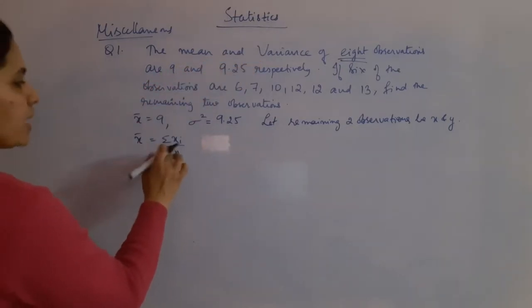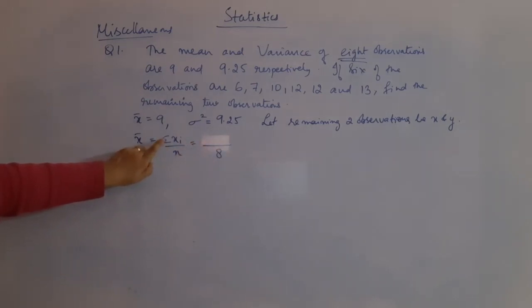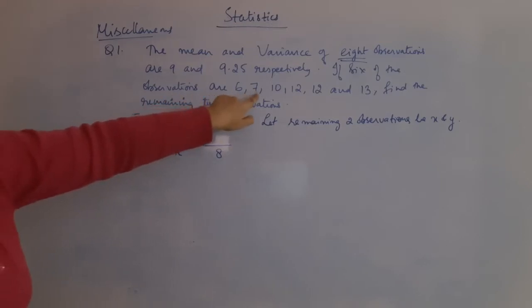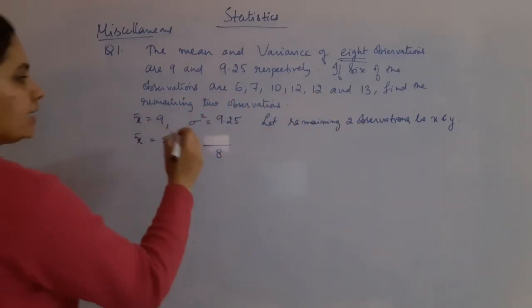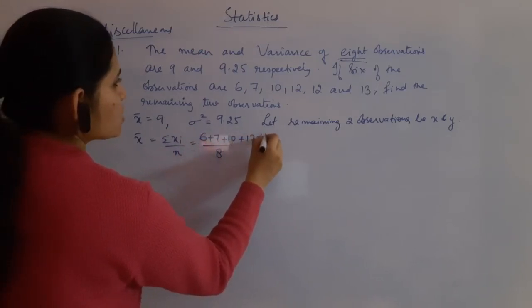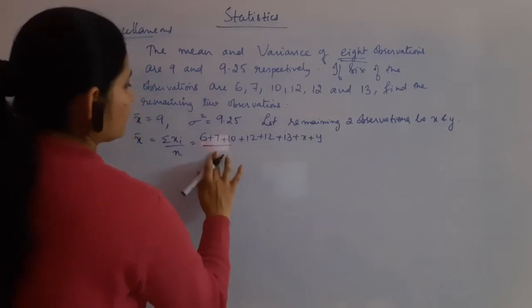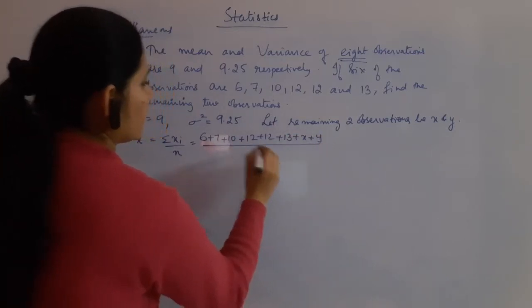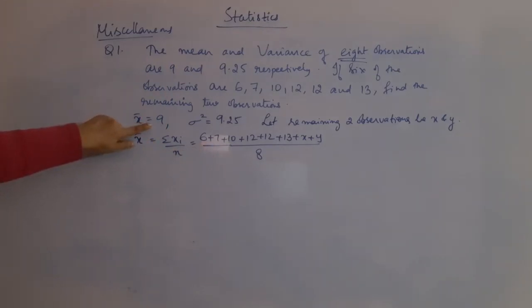Sigma xi is the sum of all 8 terms, so it is 6 plus 7 plus 10 plus 12 plus 12 plus 13 plus x plus y, whole divided by 8. This is x bar, and it is given to be 9.